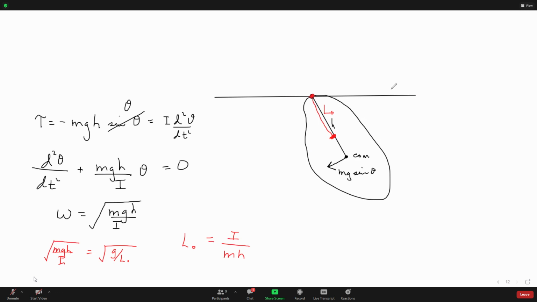Let's do an example. Let's say that we have an index card. Let's say we've cut it into a square.